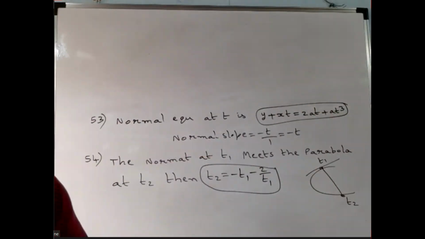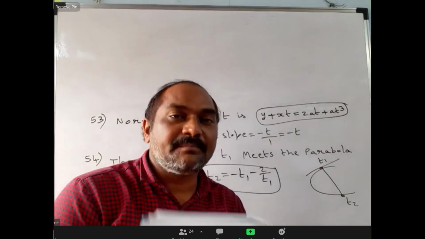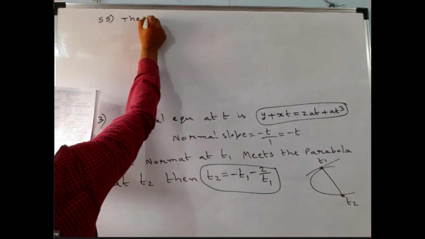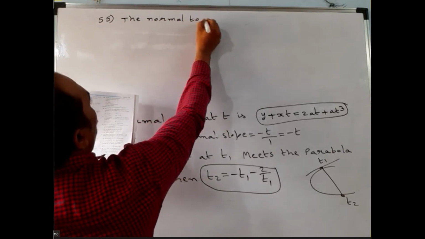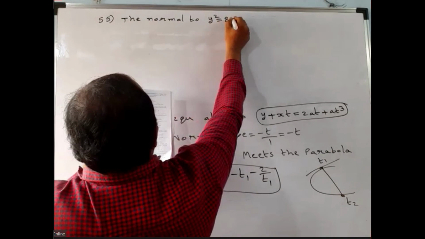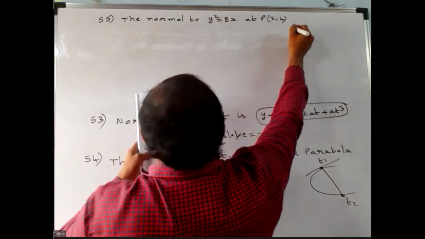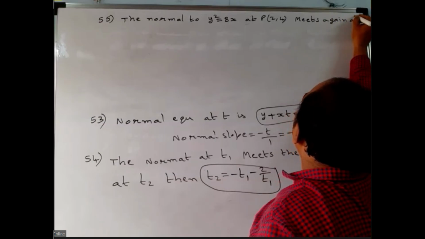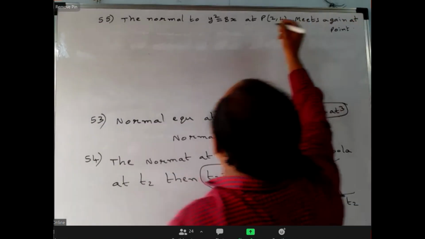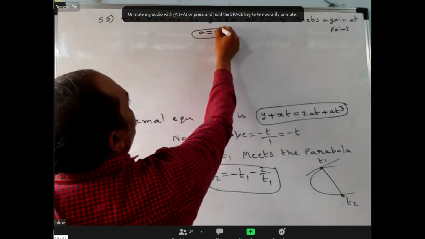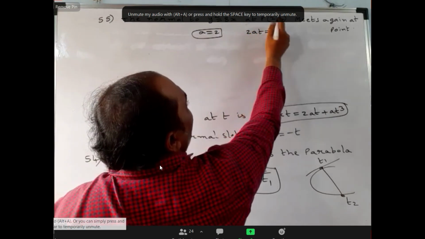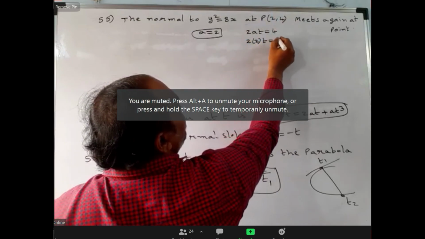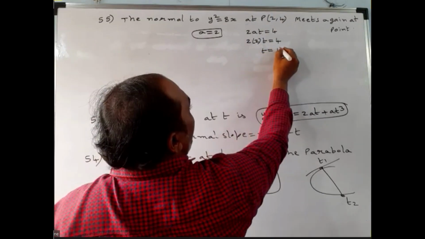Look at the normal to the parabola y² = 4ax at the point t is equal to 1.